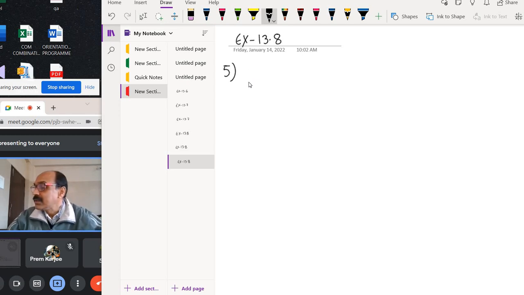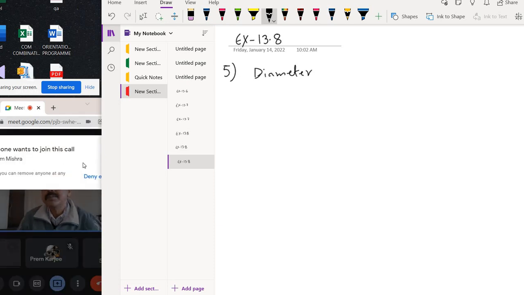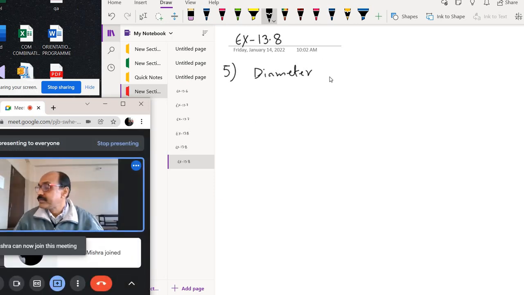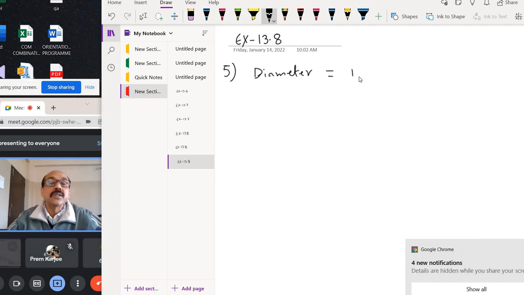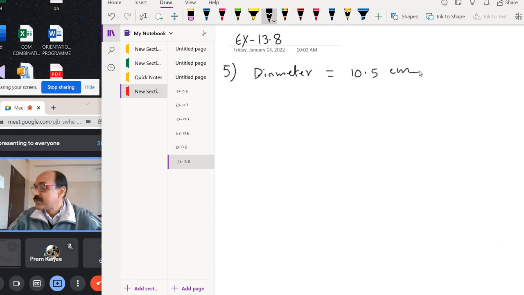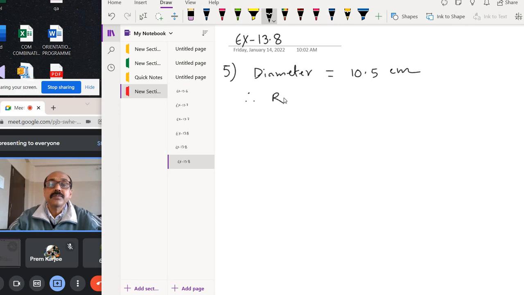So diameter equal to 10.5 centimeter. Therefore radius r equal to 10.5 by 2 centimeter, and simplify this, equal to 105 by 2 into 10 centimeter.